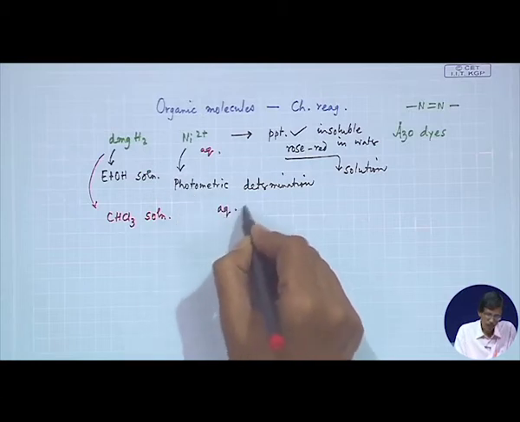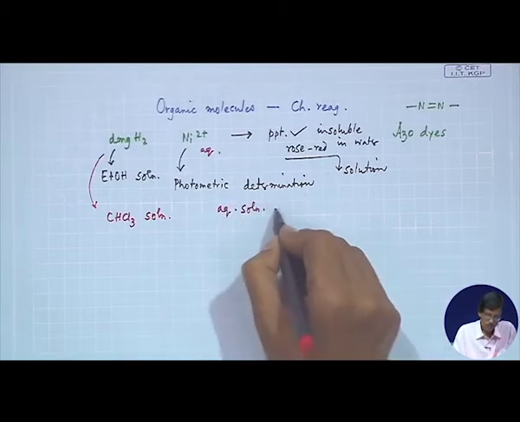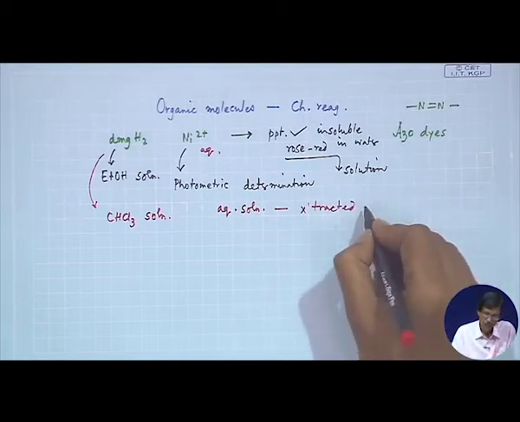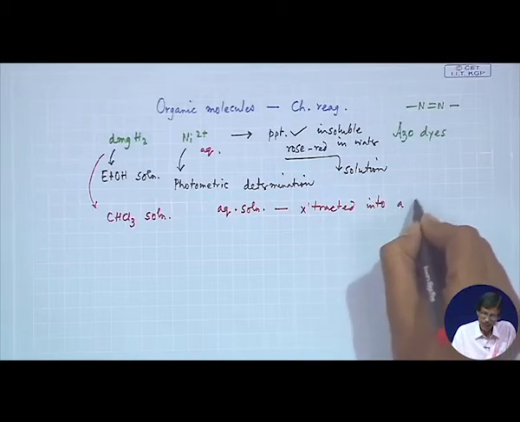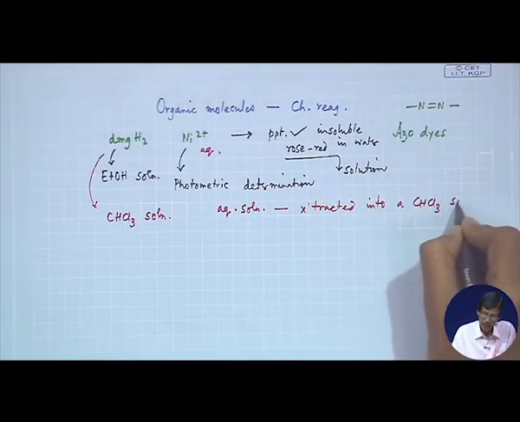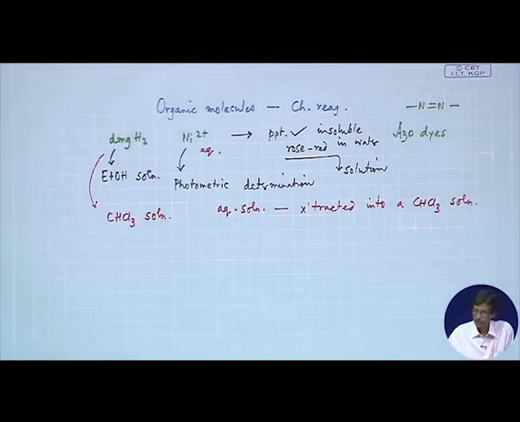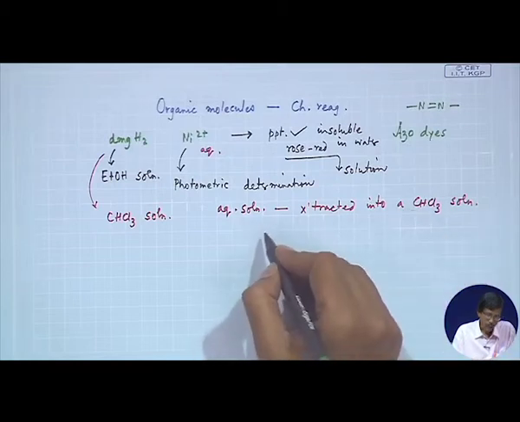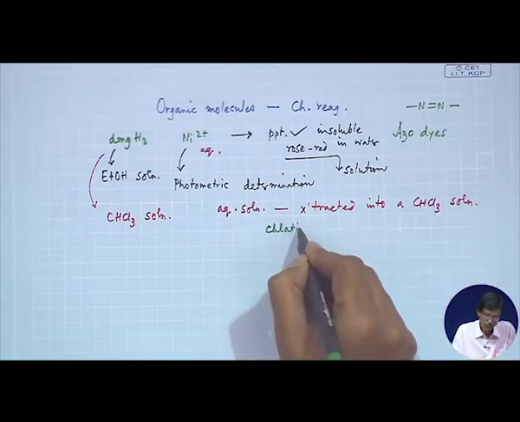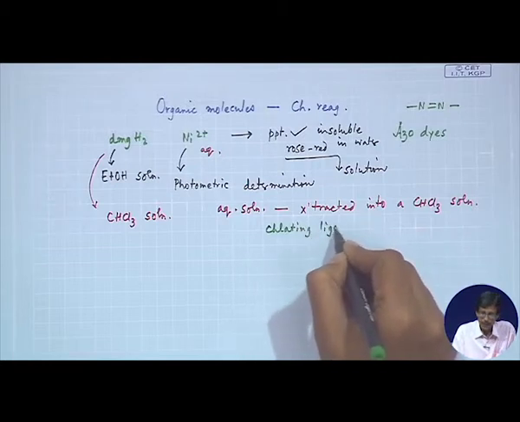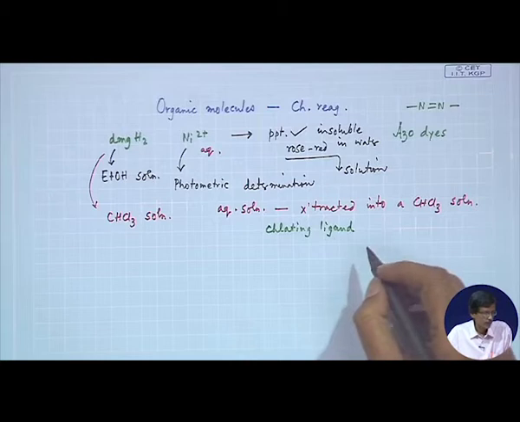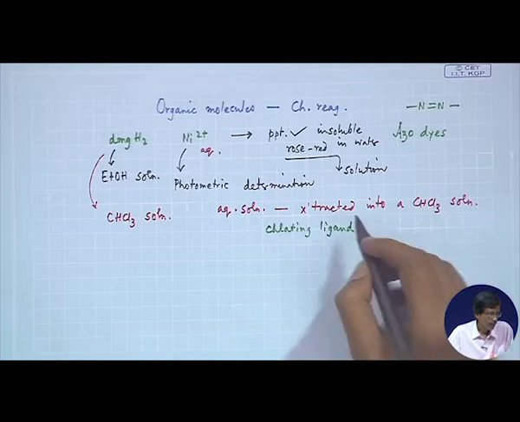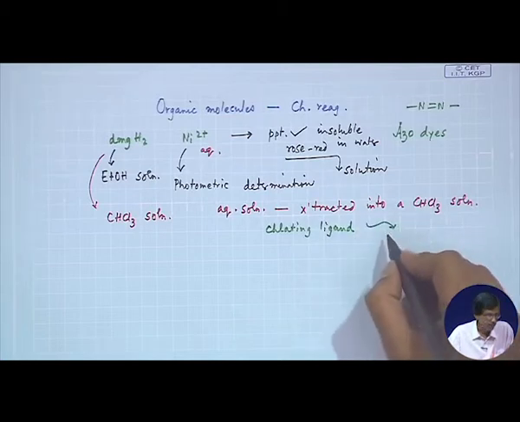So, the aqueous solution can be extracted into a CHCl3 solution of this DMG. That means the CHCl3 solution of the chelating ligand, because this chelating ligand is present in chloroform, forming an immiscible organic layer.